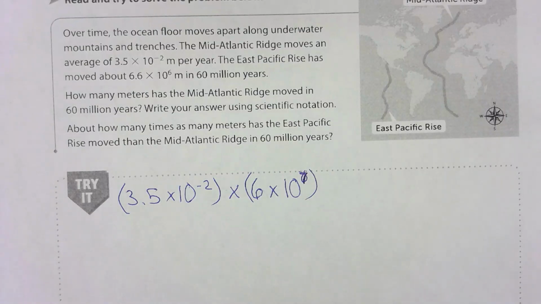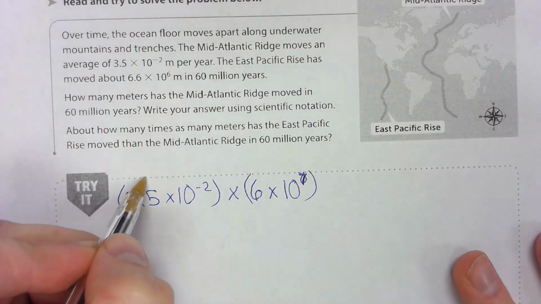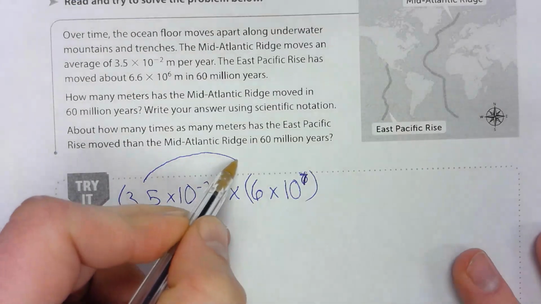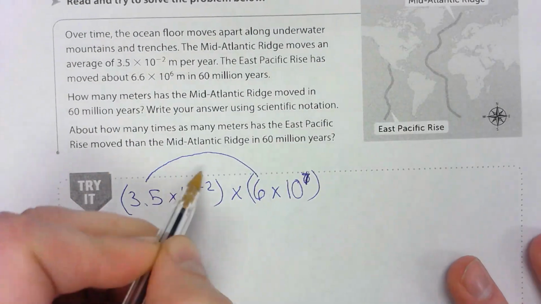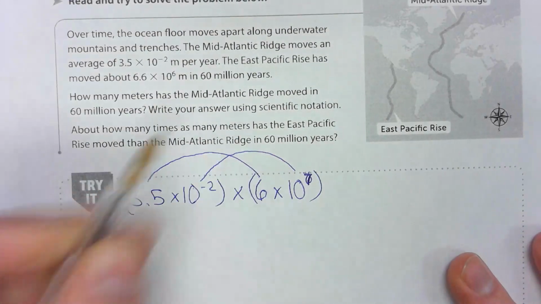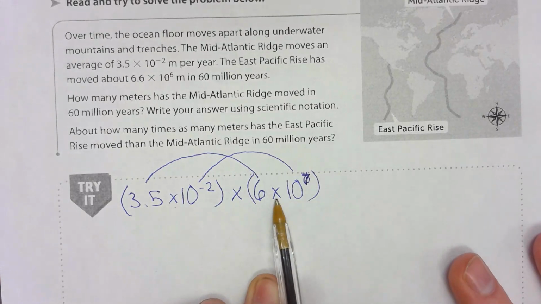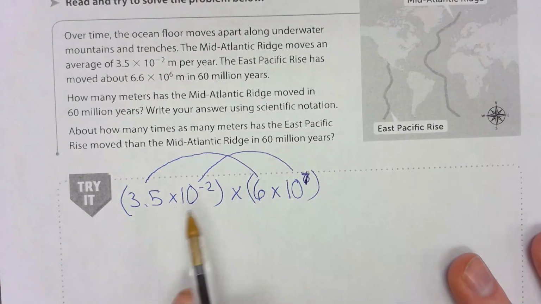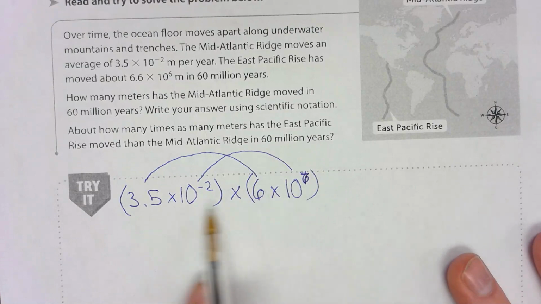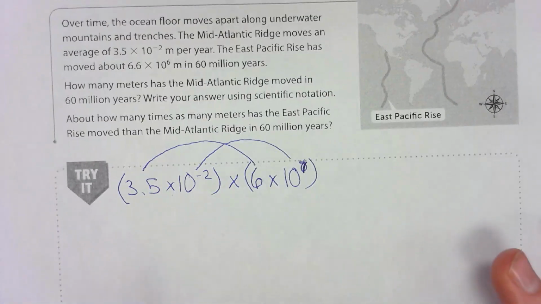And I'm going to tell you this actually is pretty easy. Whenever we multiply things in scientific notation, we're going to do these numbers in front, just like we did with division, times these powers of 10. Since this is all multiplication, there's a multiplication property that you should have learned in like 5th grade that says it doesn't matter what order I multiply things in if it's all multiplication.